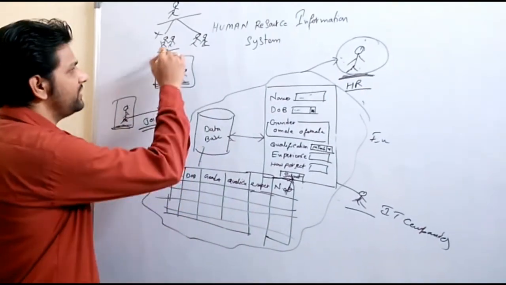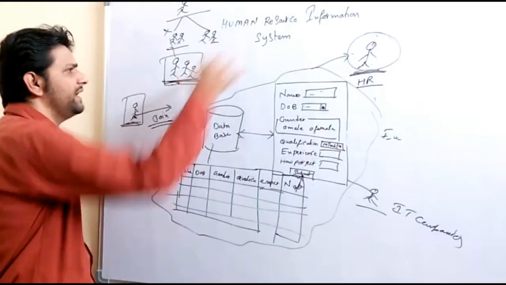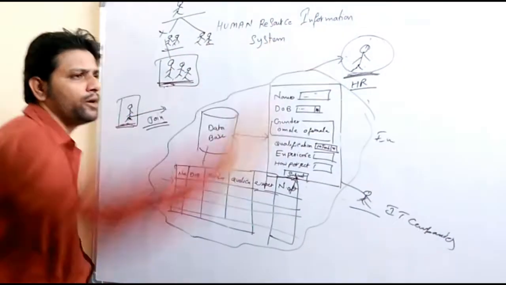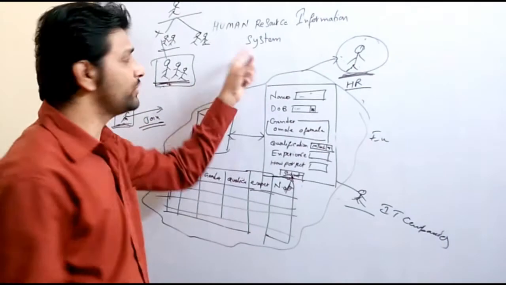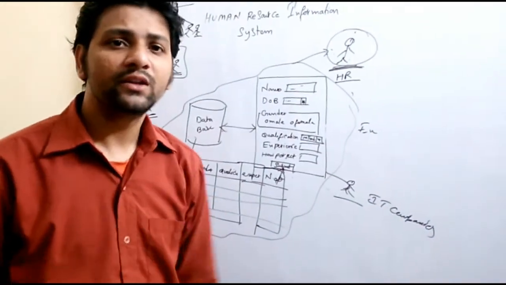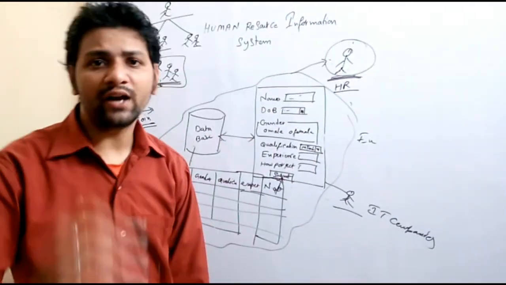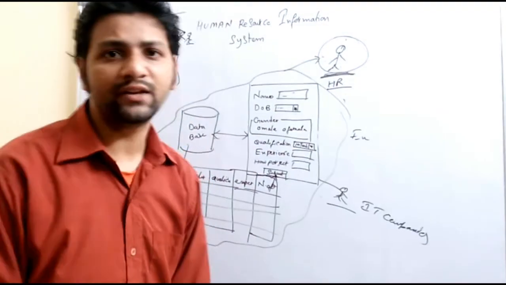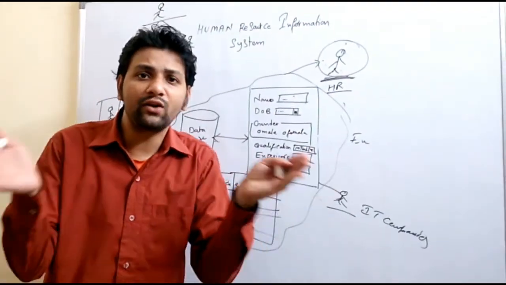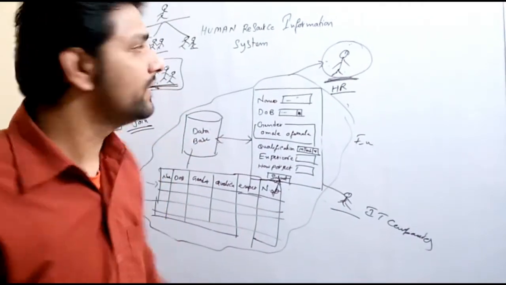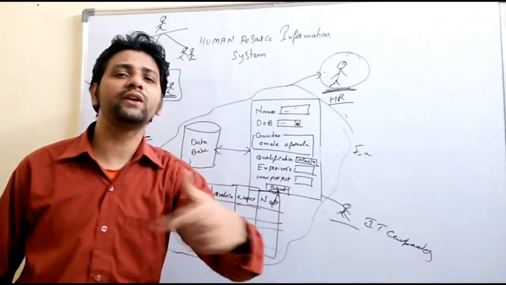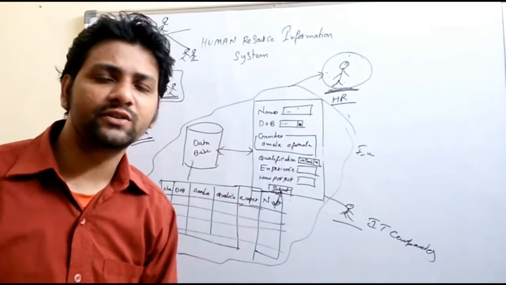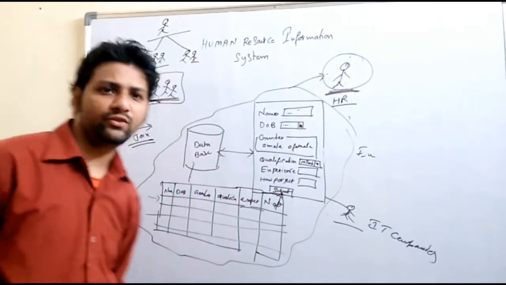For employee details or anything, there are different departments. We already learned all these parts in the previous concept. The previous lesson was ERP, Enterprise Resource Planning software. Under that software we understood combining all the software into a single unit. Here we are going to understand a particular information system regarding a particular subject.